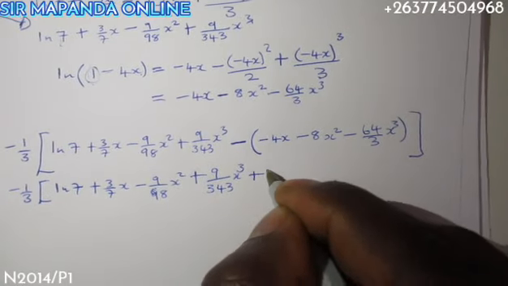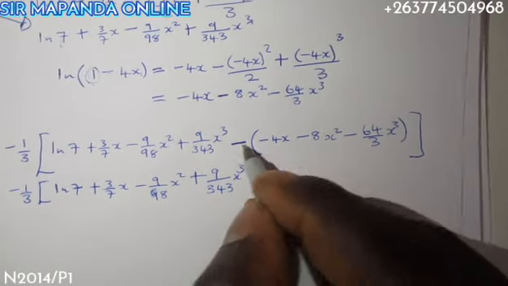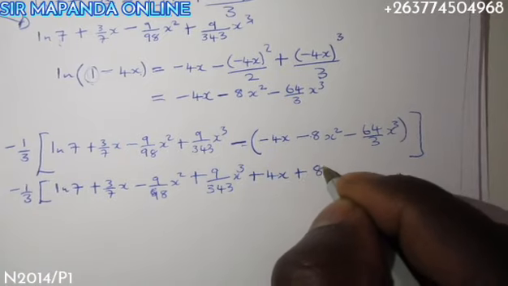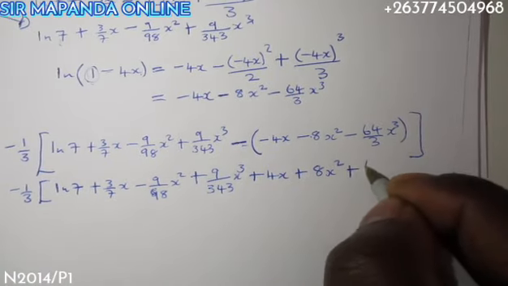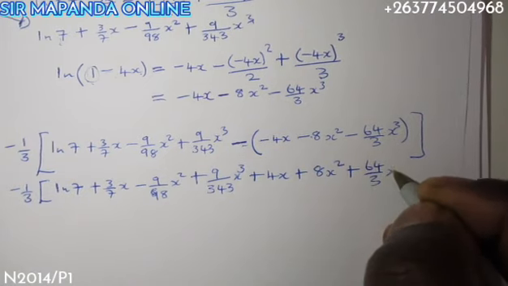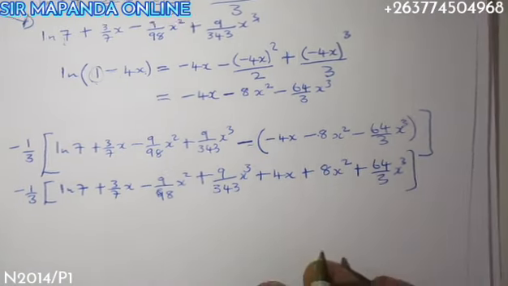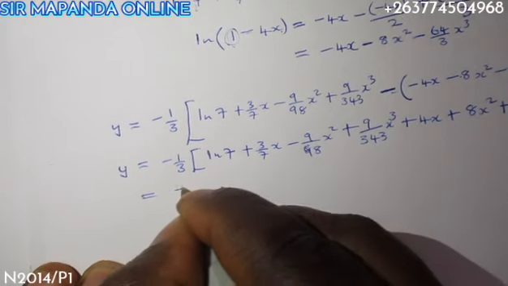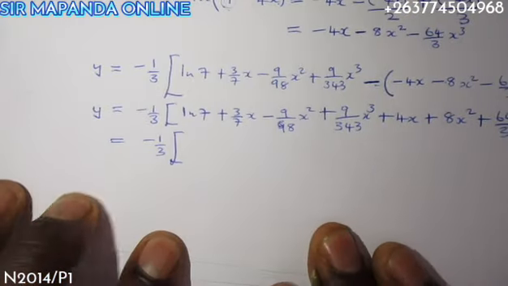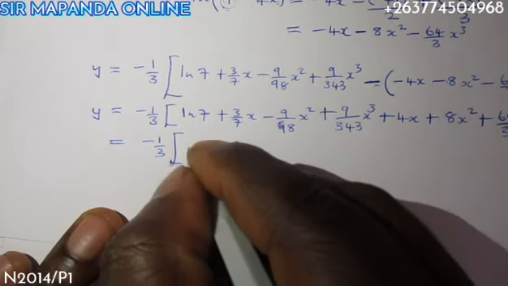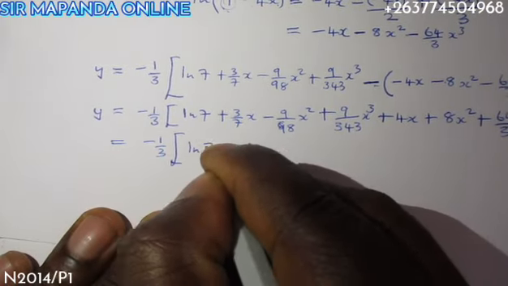This is now plus 4x, negative times negative, plus 8x squared, negative times negative, plus 64 over 3 x cubed. So we want to simplify like terms. Let us start by placing constant terms. The constant term that we have is ln 7.